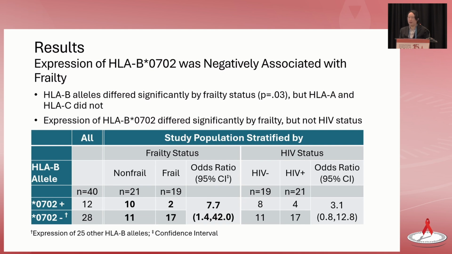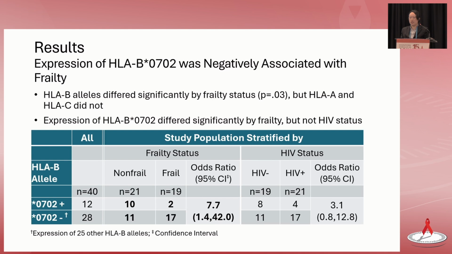First, we examined the association between HLA class I alleles and frailty. We found that HLA-B alleles differed significantly by frailty status, but HLA-A and HLA-C did not. And the difference in HLA-B alleles was due to expression of HLA-B*0702. As shown in this table, among all men, 12 expressed B*0702 and 28 expressed alleles other than 0702.